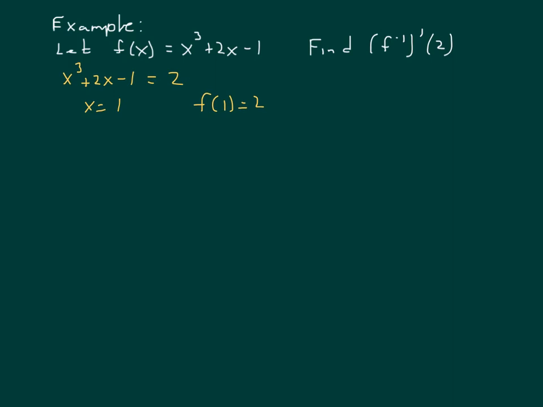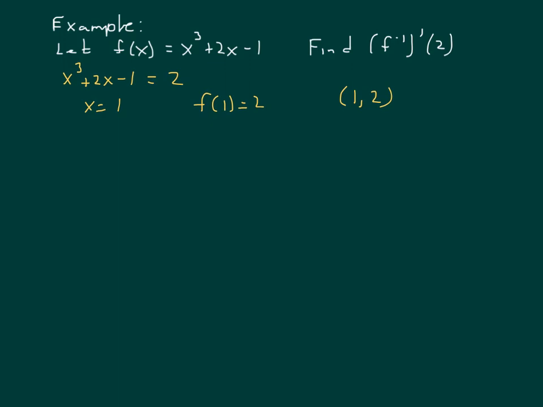And so that's going to help me identify the slope of that inverse. Now remember, the slope of the inverse at a value is the reciprocal of the slope of the original at the x value. So in this case, I have the point (1, 2). The slope of the inverse at x equals 2 is going to be the reciprocal of the slope of the original function at x equals 1.